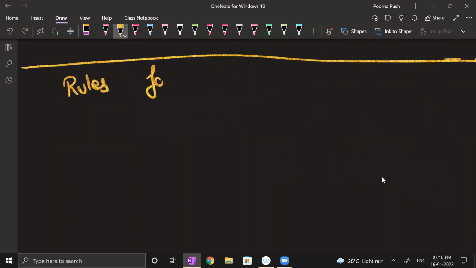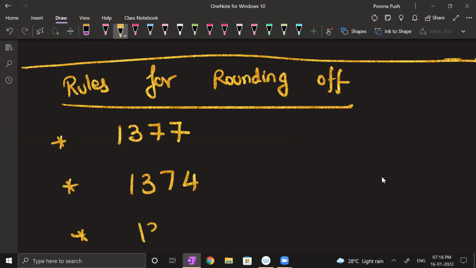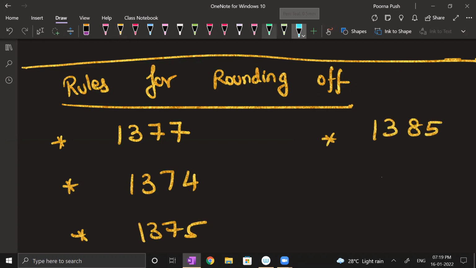Rules for rounding off. See, I have to round off to 3 digits.